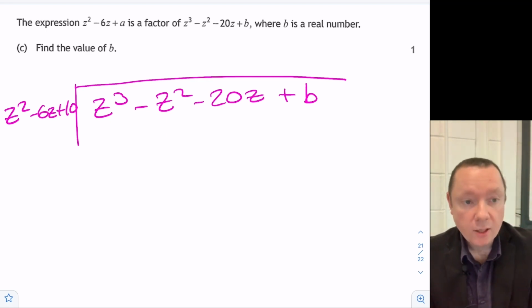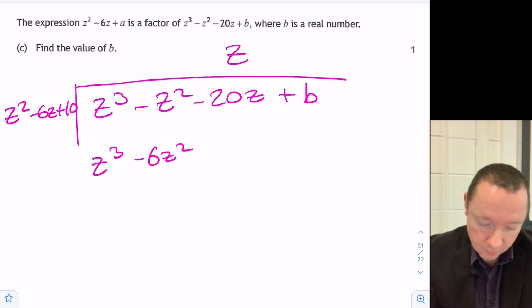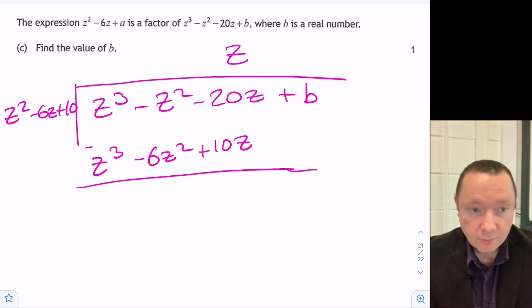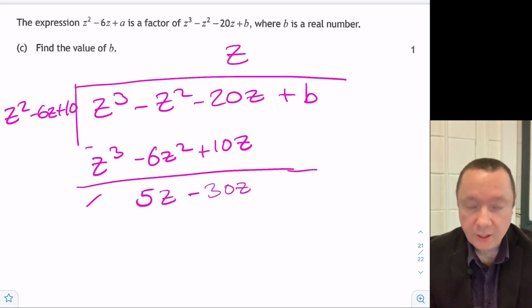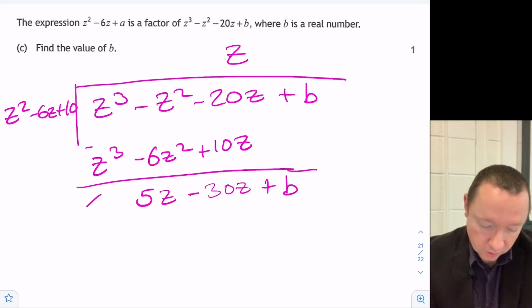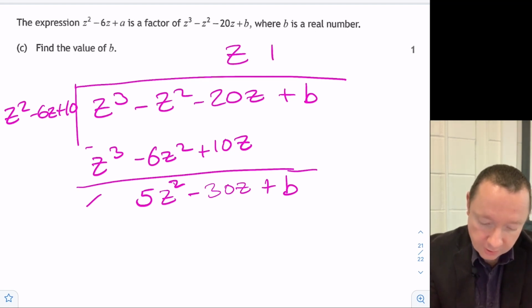So z squared goes into z cubed z times. Times through by z, then we get z cubed minus 6z squared plus 10z. Taken away from each other, that gives us nothing, and it gives us 5z squared, and we get minus 30z plus our b on the end. z squared goes into 5z squared 5 times.